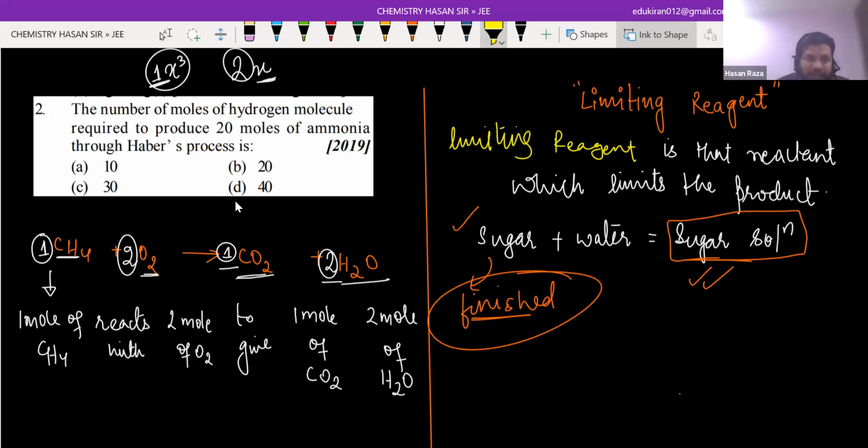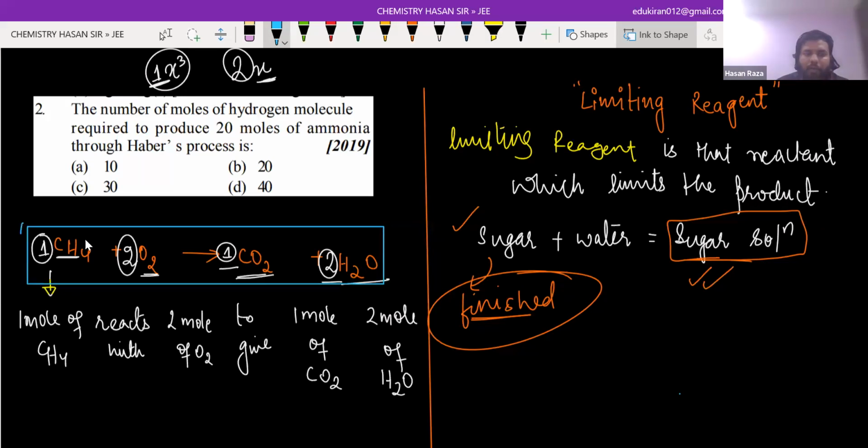Now see, this is a balanced chemical equation and we are going to understand the limiting reagent. 1 mole of CH4 reacts with 2 mole of O2. So if I take 2 mole of CH4, how many mole of O2 will it require? 4 mole. Yes or no? Yes, sir.